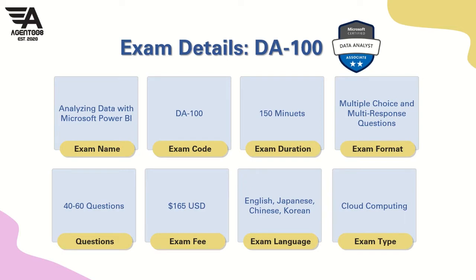The language provided is English, and you can select Japanese, Chinese or Korean. And the exam type is cloud computing. So these are the most important details about the exam. And let me share with you something that you can look at through Microsoft Learn. So let me open the browser now and share with you how we can open it through Microsoft Learn.